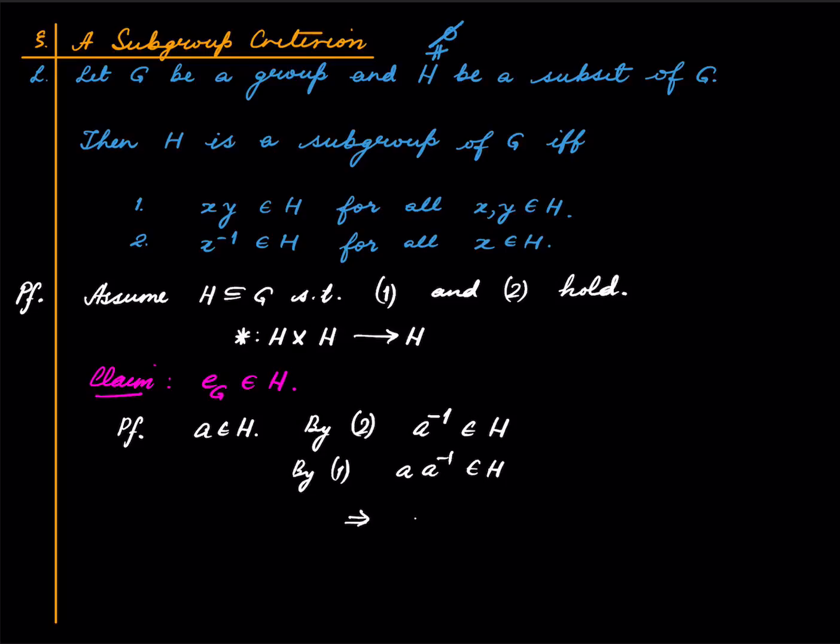So this implies EG is in H. EG is the identity of G. So we have that. And since EG is the identity of G, it clearly serves as the identity of H.